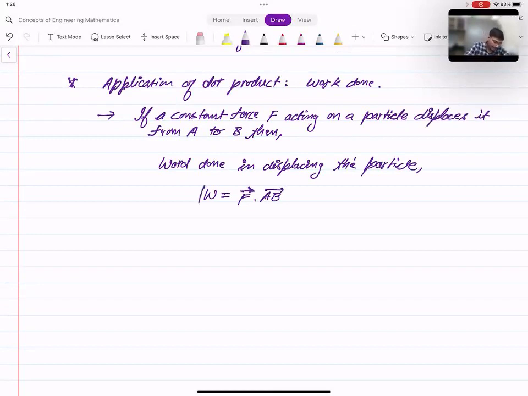So this is an important relationship used for various engineering problems related to work.